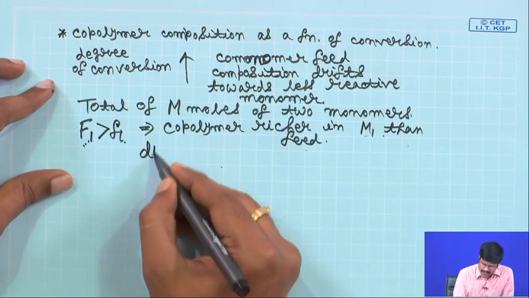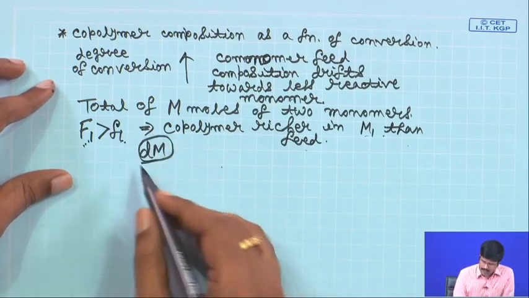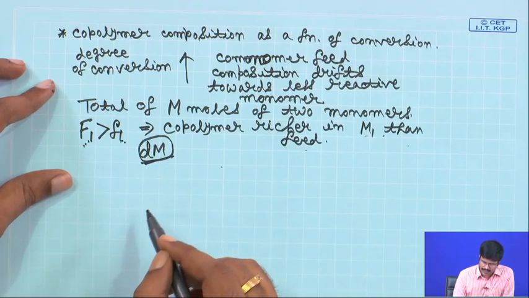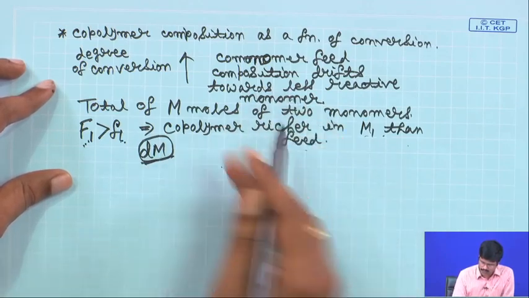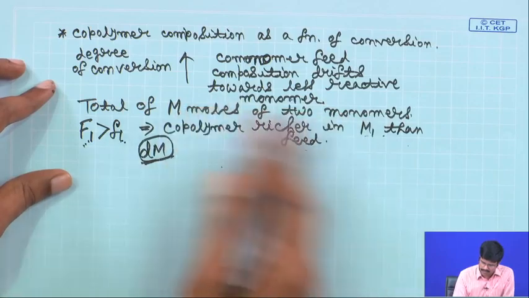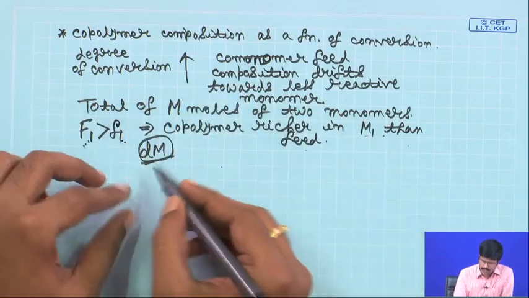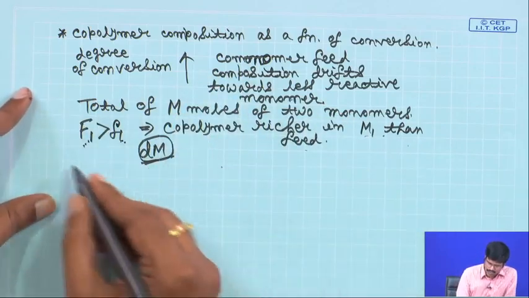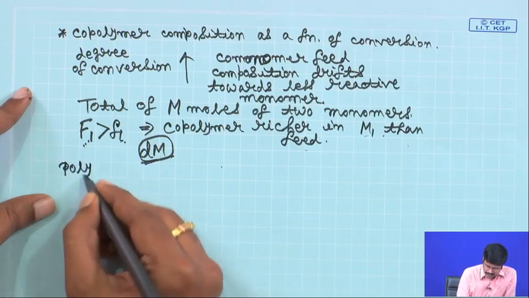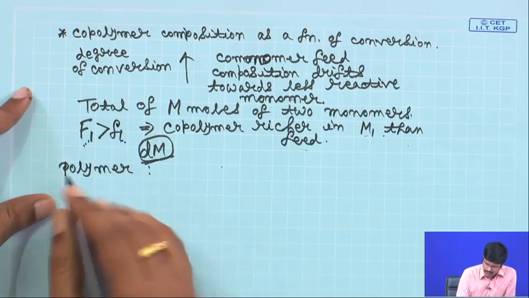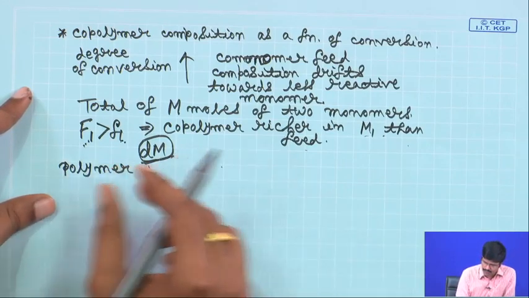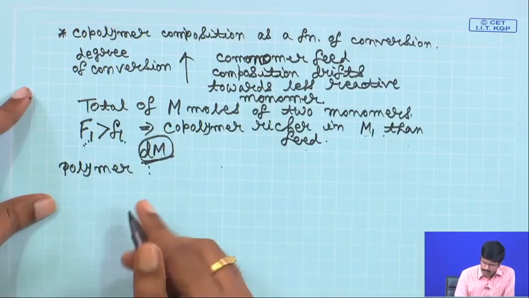So, let us say dm is the number of moles of monomer that has been copolymerized, total number of moles of both the monomers that have been copolymerized. So, dm is the total number of moles of monomer. So, what is the number of moles of monomer 1 present in polymer now?